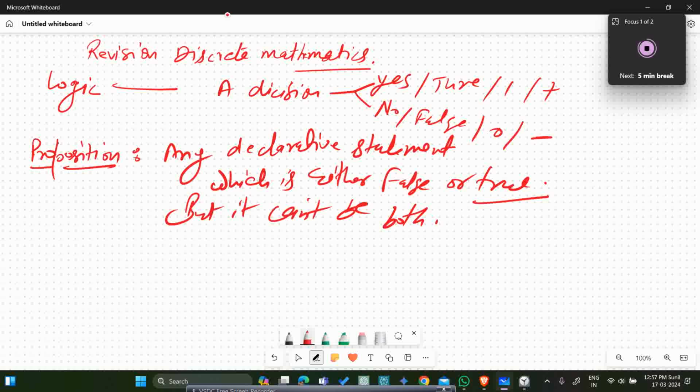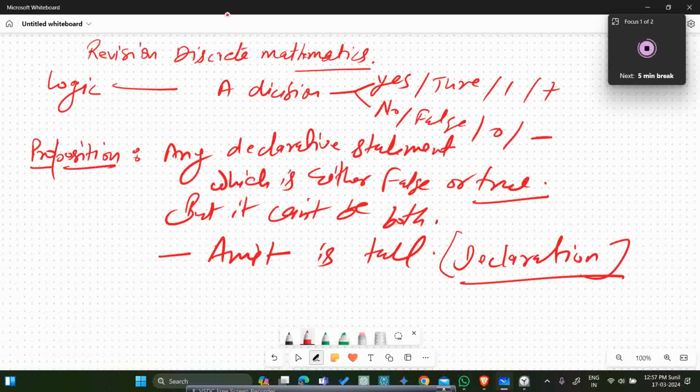All right. So let's say we are saying that Amit is tall. This is its statement, right? This is a declaration in itself.